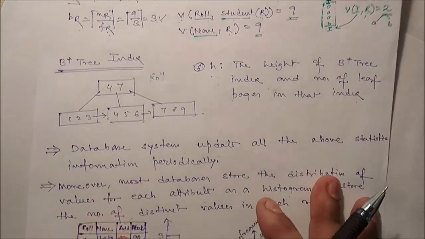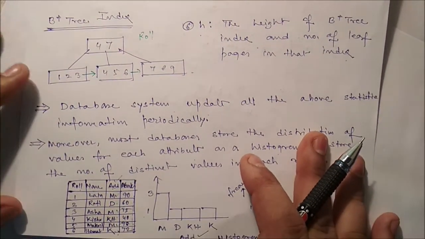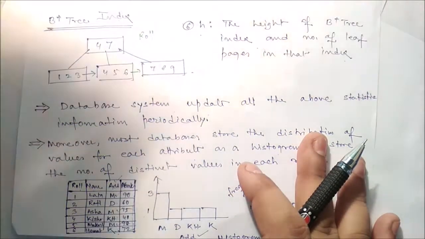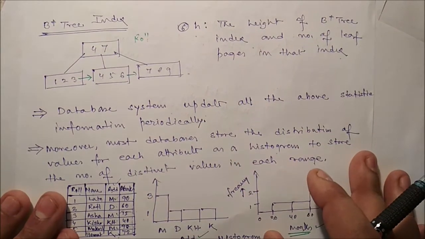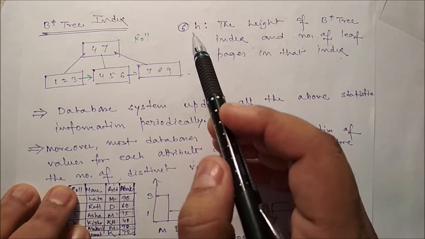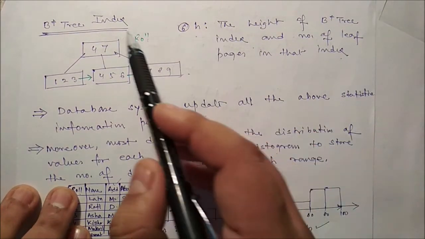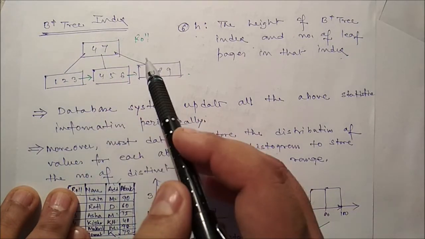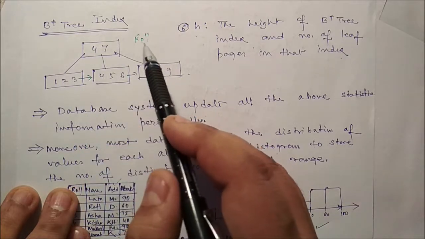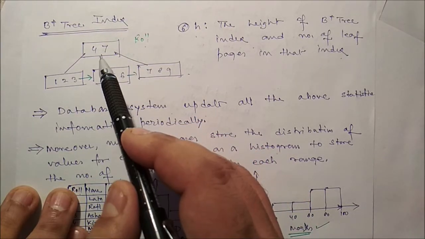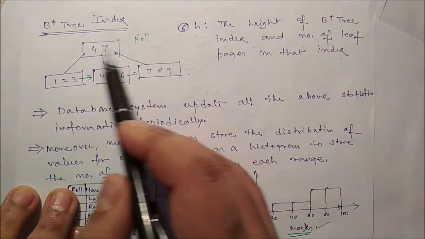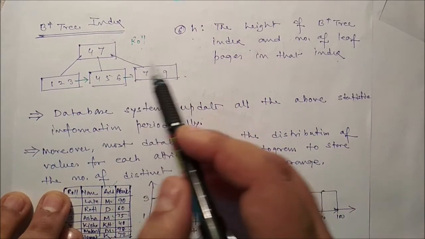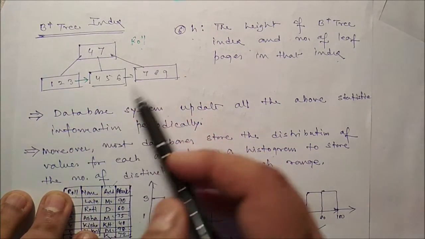Next we store further the B plus tree and the histogram. Here suppose a B plus tree index is there. This is the index for the roll number, so the search key is roll number. So here this is nothing but our B plus tree, and we store information of the B plus tree also.